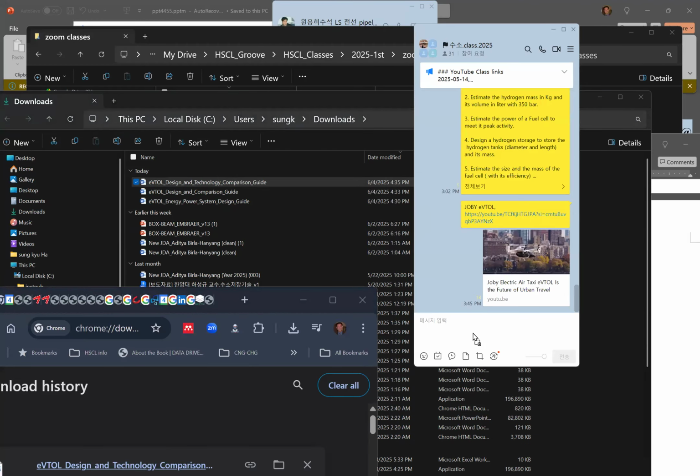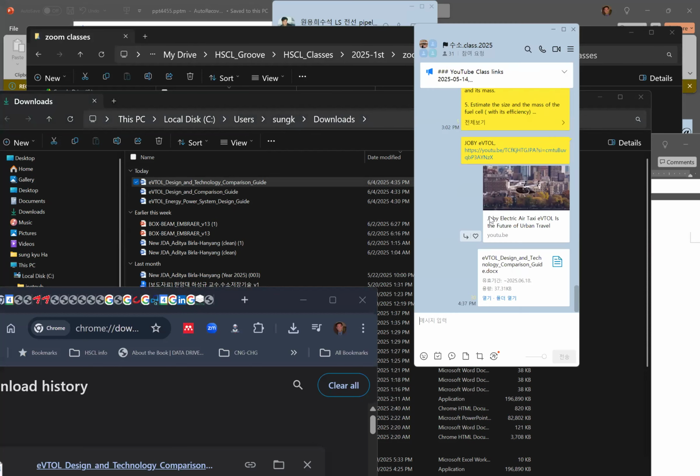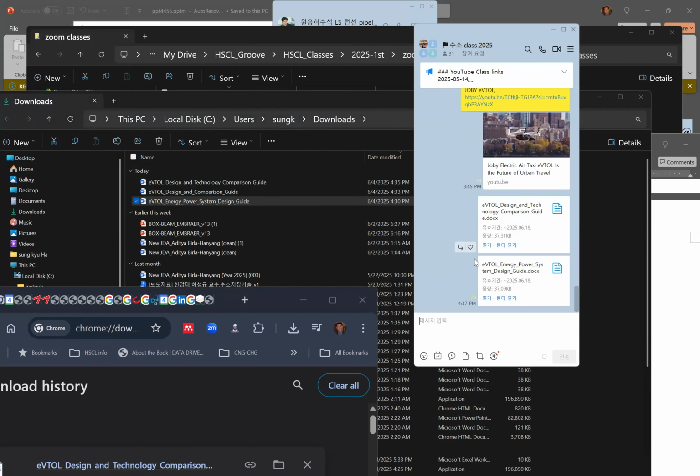Here, this is a comparison, and this is, I would say, how to design the power system. But again, I'd like to emphasize that you need to be the PI, principal investigator, and design a hydrogen power system with your own will, rather than just being led by the AI.